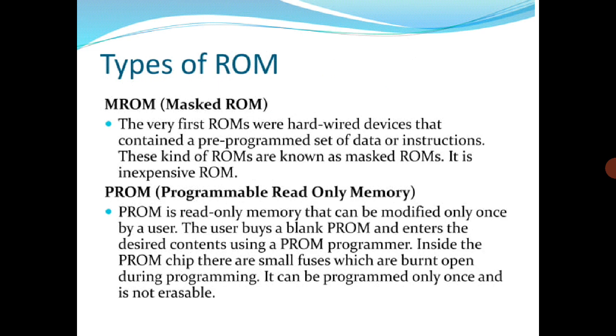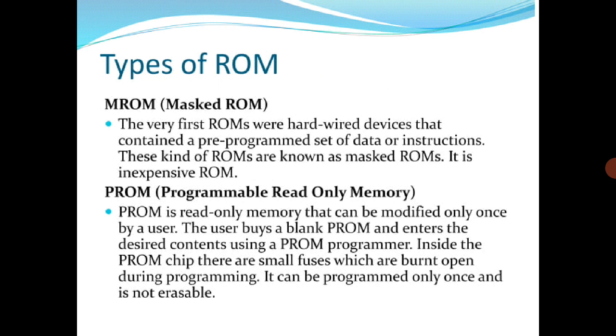Masked ROMs are hardwired, and contain a pre-programmed set of data or instructions. It cannot be modified by the user, so once it is set, it stays permanently. In programmable ROM, the user buys a blank ROM and enters the desired contents using a ROM programmer.